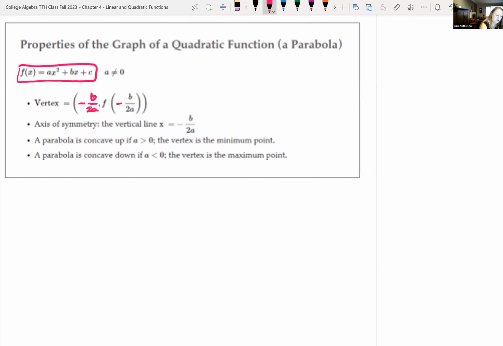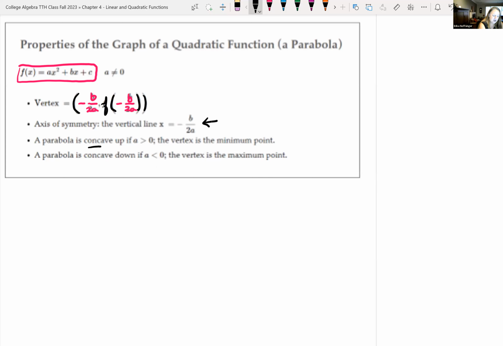And I can find my y value by plugging that value in wherever I see an x in my original function, f of x. We talked about the axis of symmetry being that x value of our vertex. So x is equal to -b over 2a.